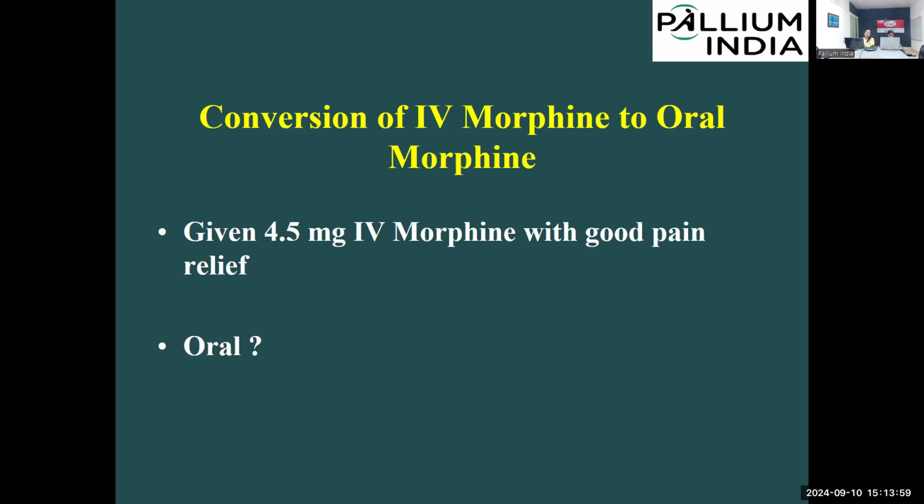So you can send the patient on 4.5 milligram of oral morphine, but the available morphine tablets are 10 milligram. So we'll go with 5 milligram of oral morphine. So to send this patient home, we start him on 5 milligram of oral morphine every 4 hourly.